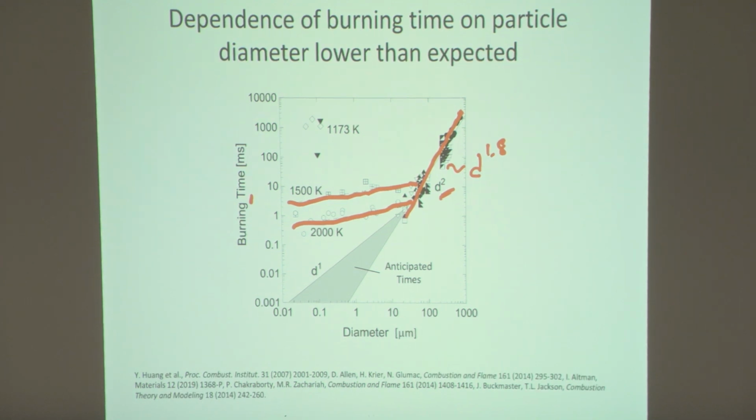But that's not what would have been expected because, as I told you, this is about d to the 0.3, and what simple theory should have told me is this should have gone as d to the 1. So the anticipated times should have fallen within here as I decreased the diameter. So the particles aren't burning as fast as I thought they should. And so the question is why?